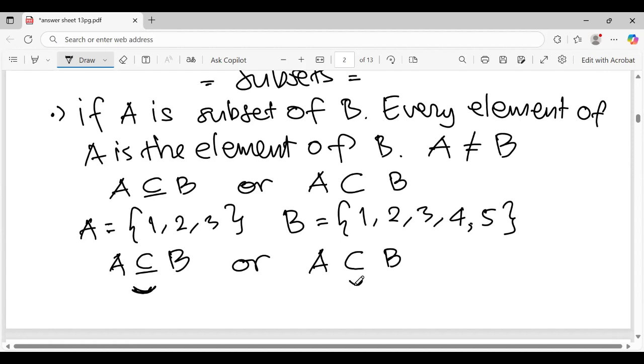Also, this one is the symbol of subset, not C, but subset. What is subset? Subset is part of. So we can say that set A is part of set B.